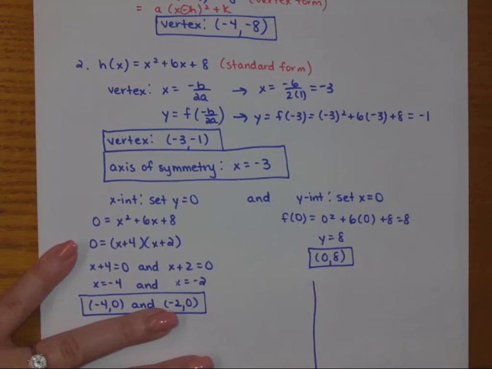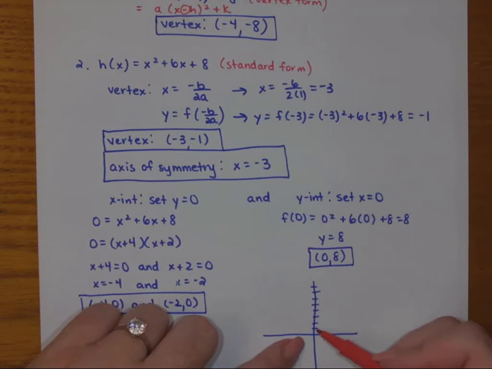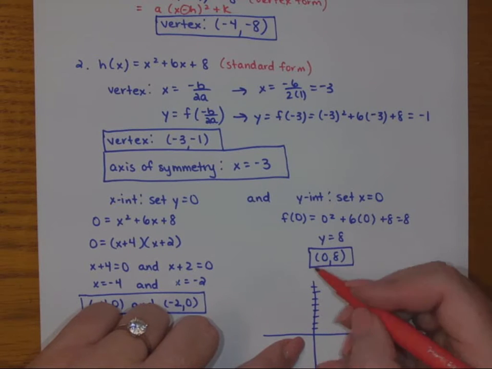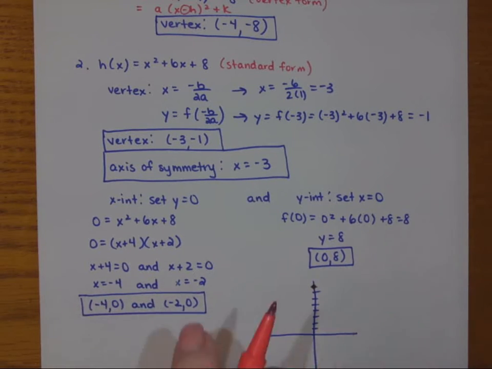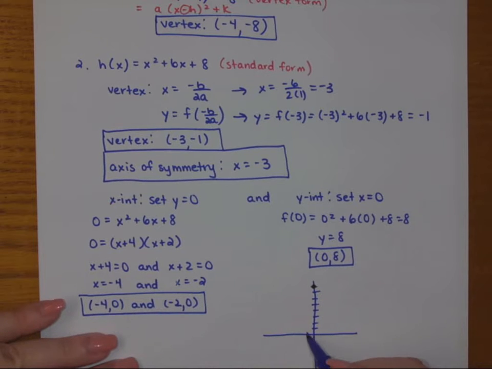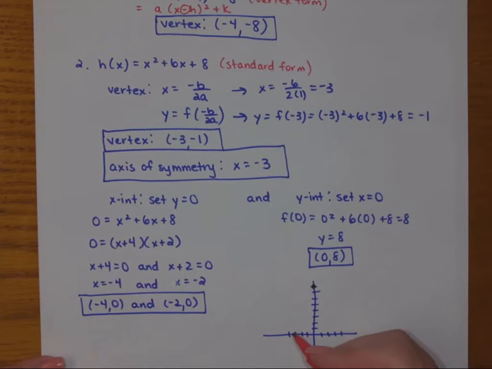Okay, so let's see if we can graph all of this information. So I'm going to go up 8. Okay, so I'm going to plot my y-intercept there, and then I need to go out at least 4 for the x-axis because my x-intercepts are negative 4 and negative 2.